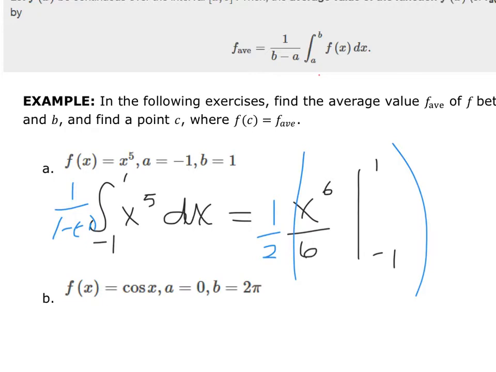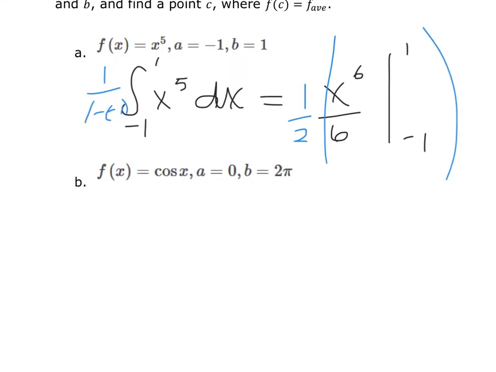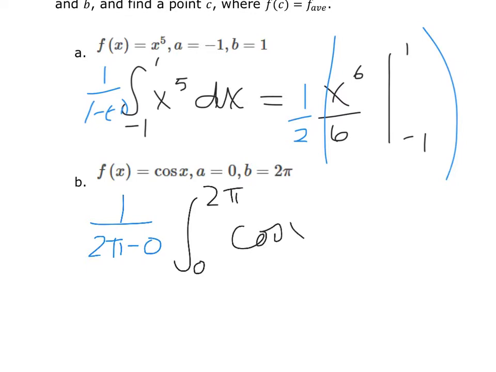So I'm going to set up the next one. I'm going to do 1 over 2 pi minus 0, integrating from 0 to 2 pi of the cosine of x dx, which is going to equal 1 over 2 pi.